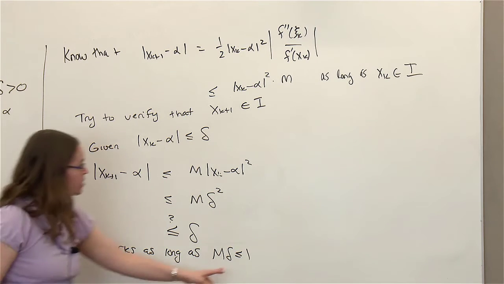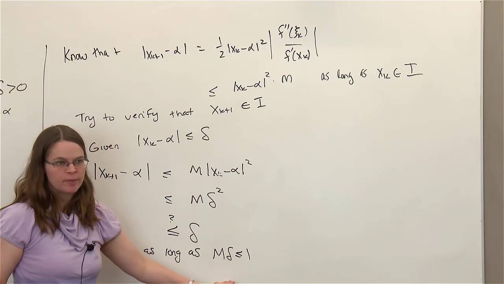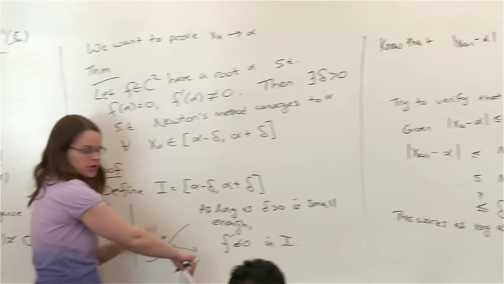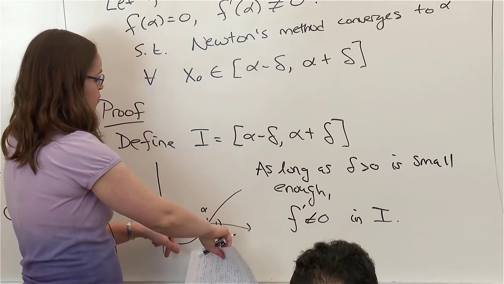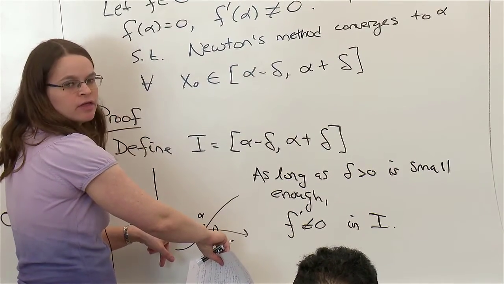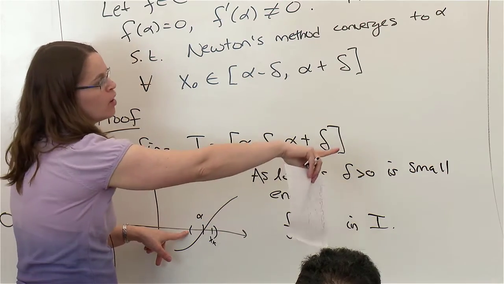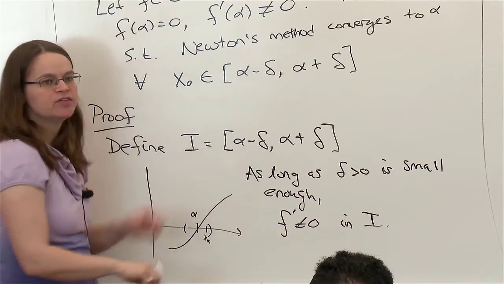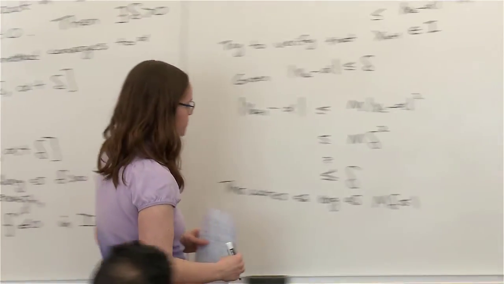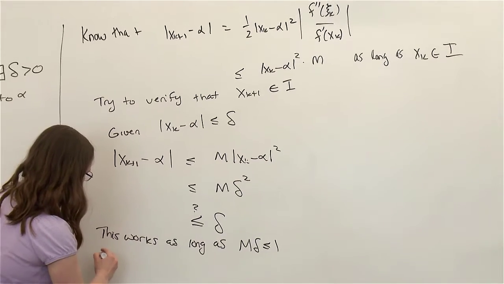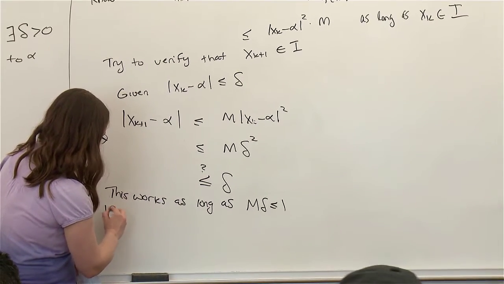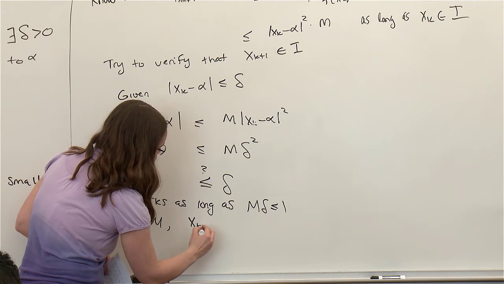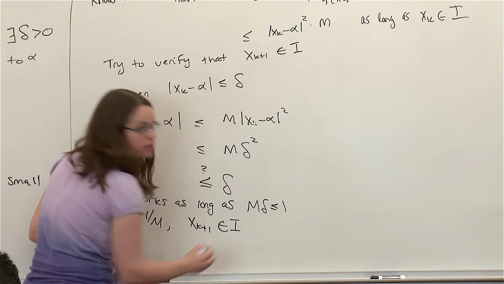What does that mean? As long as I pick my delta small enough, I'm in business. Again, if I pick my delta too big, this estimate's not going to hold. Now I've said as long as delta is small enough, the derivative doesn't vanish. Now I also have this requirement, which means maybe I have to shrink this a little bit more. But still, there's a positive delta that makes this work. So if delta is less than 1 over m, then xk plus 1 indeed stays in the interval.